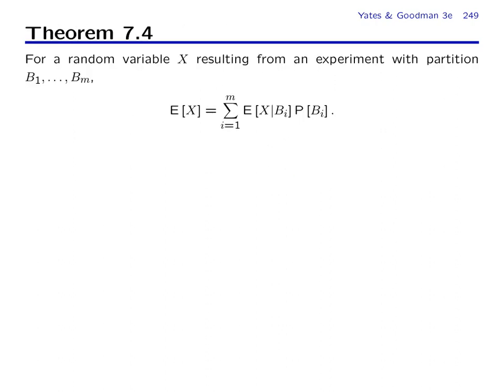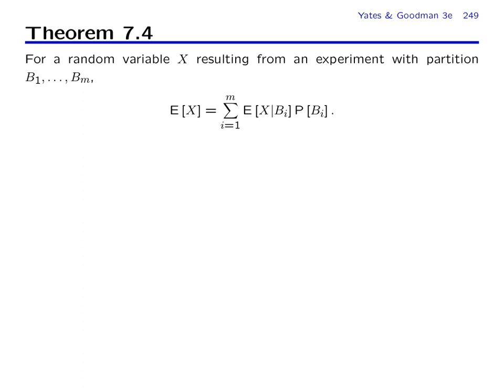When X is described by a bunch of conditional distributions in different modes B_i, we can now calculate expected values for each of them and then combine them by weighting by the probabilities of those different modes. This theorem is just a simple consequence of how we synthesized the PDF of X from the conditional PDF of X given the B_i's.